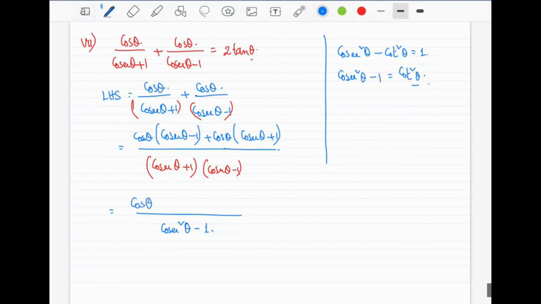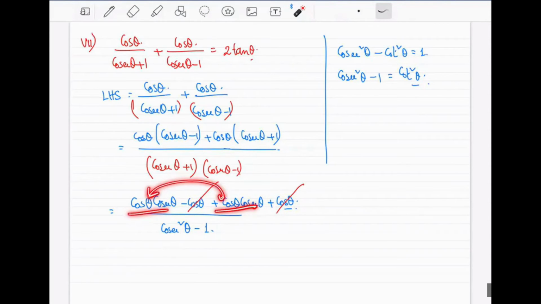So on multiplication, we obtain cos theta cosec theta minus cos theta, plus cos theta cosec theta plus cos theta. I can cancel these two, right? Why? One of them is minus, the other one is plus. Cancel them out. Keep the remaining. The numerator terms are the same, and there is an addition sign in between, so we will add them.